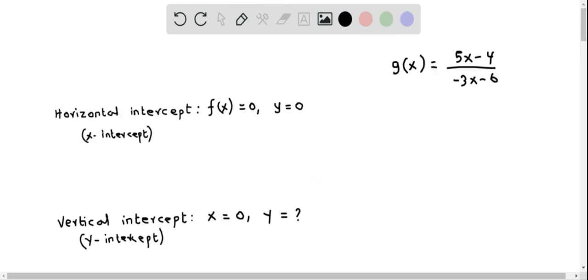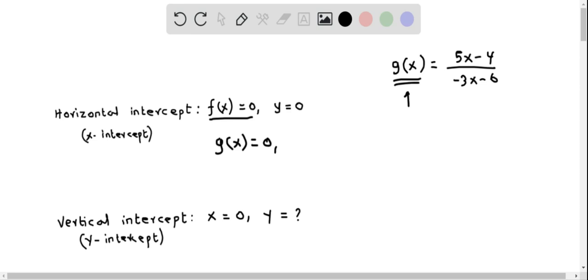Let's determine the horizontal intercept of this rational function g of x equals 5x minus 4 over negative 3x minus 6. So we have to put the function equal to 0. Here the function is g of x, so we replace g of x by 0 and solve for x.